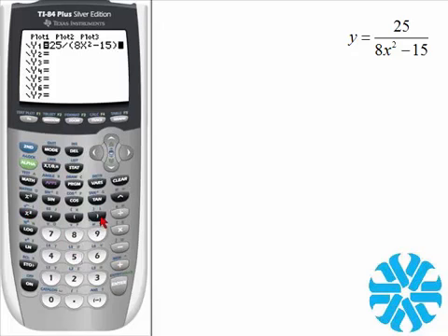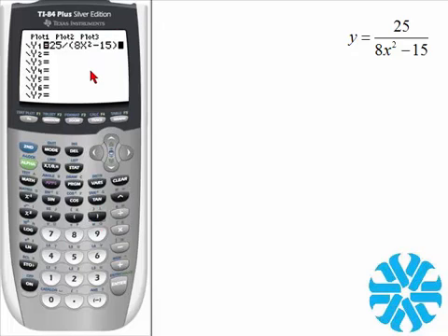Alright, and if we didn't use those parentheses in the denominator, the calculator would look at that as 25 divided by 8x squared, and then that's subtracted by 15. So again, be very careful about how you input these functions.